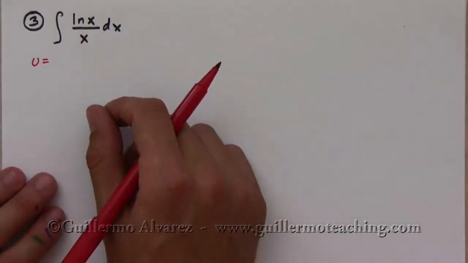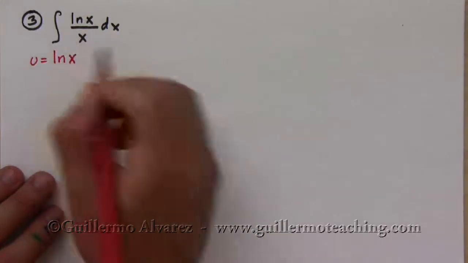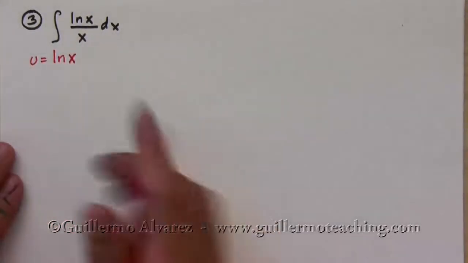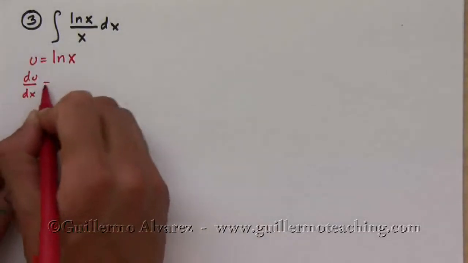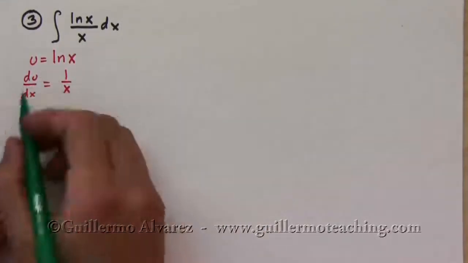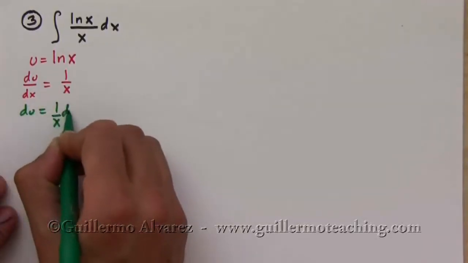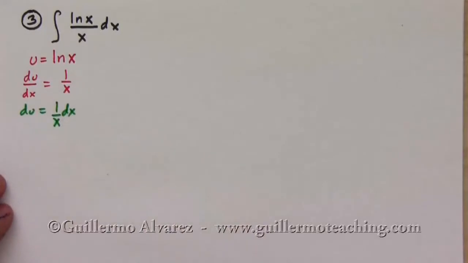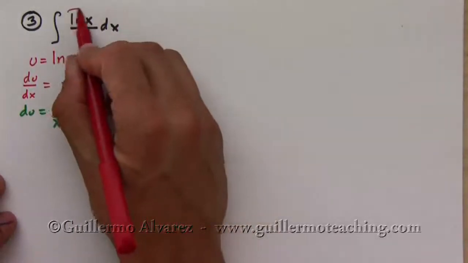So if we let u be natural log of x, then du over dx is equal to 1 over x. And if we solve for du, we're going to get 1 over x dx. And so if you take a look, then we can go back and substitute. We notice, ooh, this guy is u.